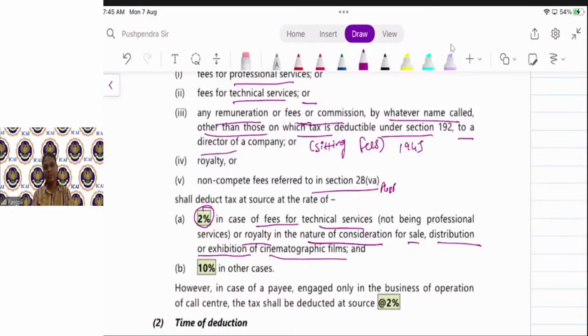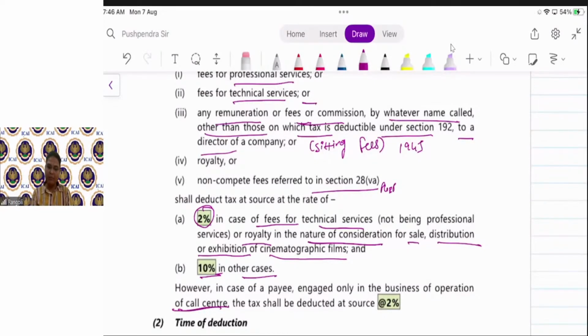So other than these, TDS is required to be deducted at 10% in any other cases. However, in case of payee engaged only in the business of operation of call center, the tax is required to be deducted at 2%. So if your business is operation of call center, then on any payment, you need to deduct TDS at the rate of 2% under section 194J for professional service, for technical service, or for any royalty. Is that clear, everyone? Yes or no?